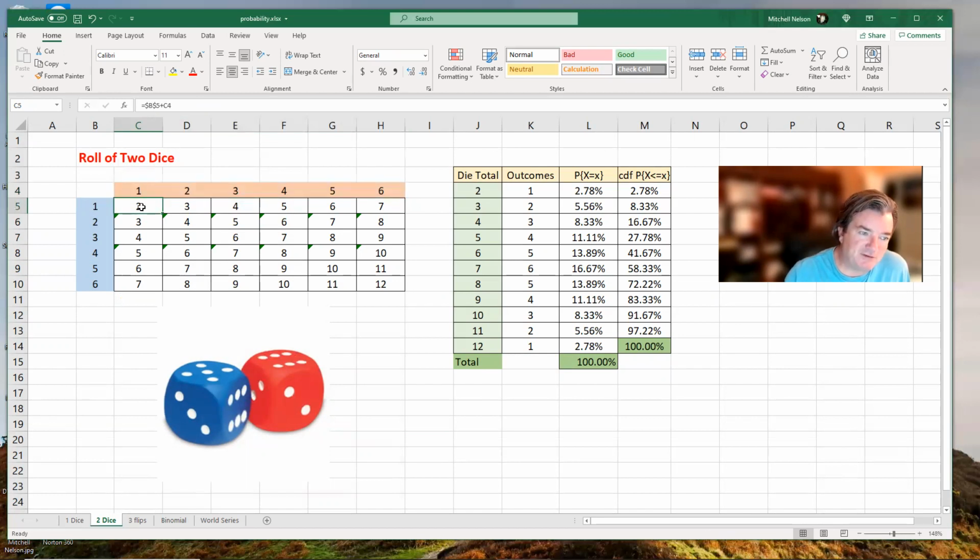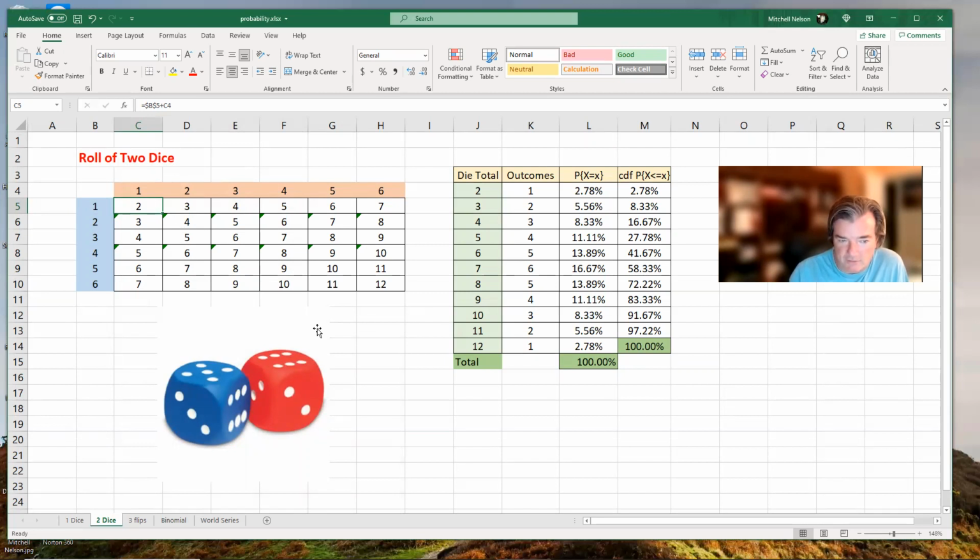And those combinations have a total score of the blue dice plus the red dice. So if they both came out ones, the total would be 2. So now the question is, what is the probability? What are the possible outcomes when rolling 2 dice? Well, the lowest possible number you could get is 2.